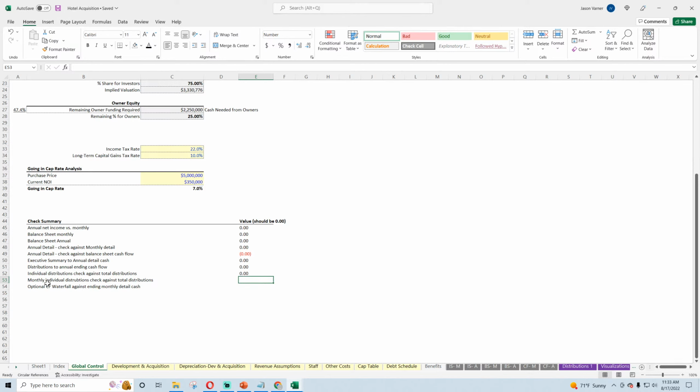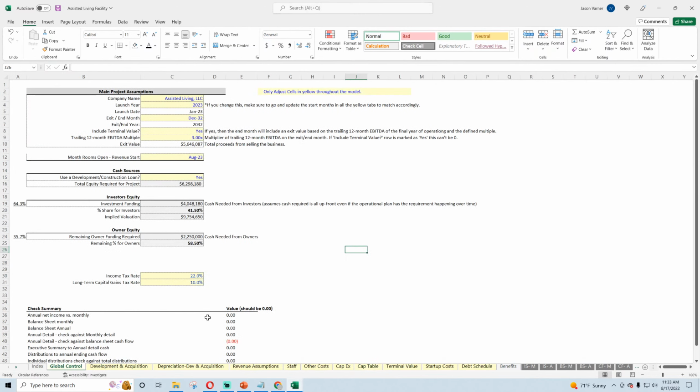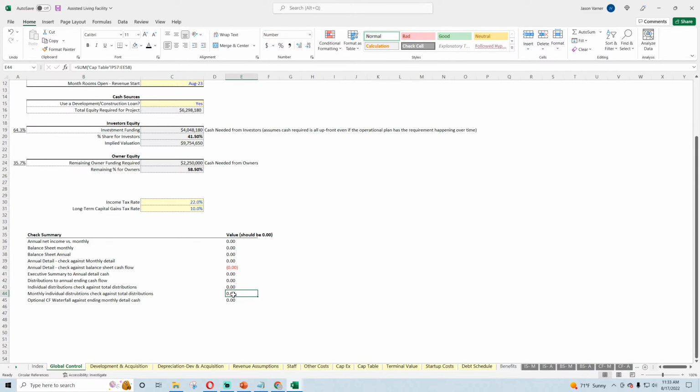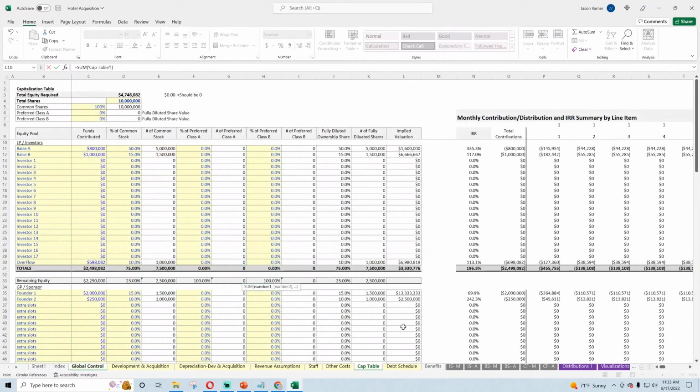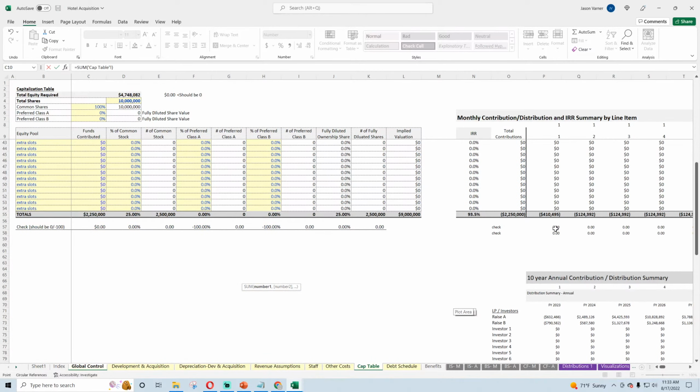Now, monthly individual distribution check against total. What was this doing? Let me look at this one. So I see. So this was the annual check. This is the monthly check. Monthly would be these two here.